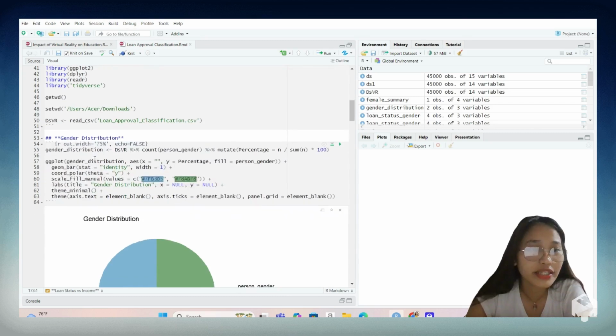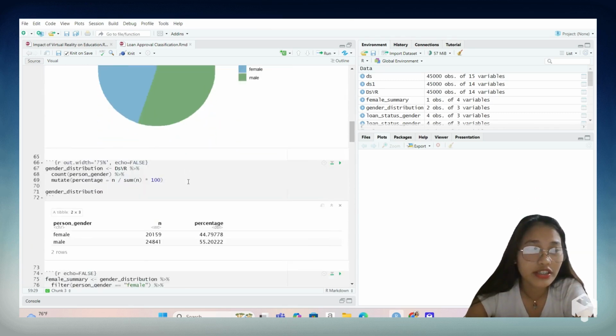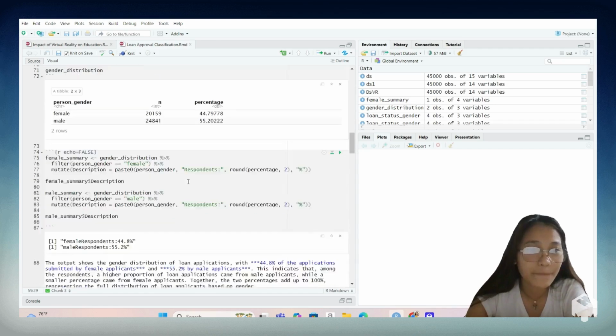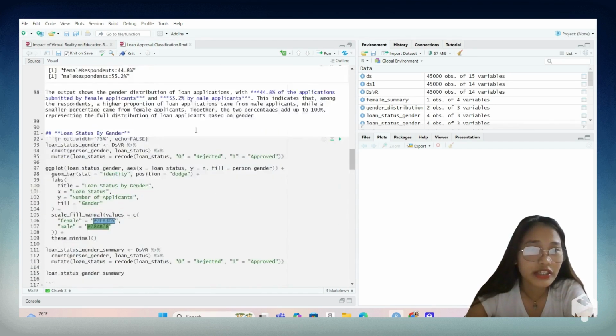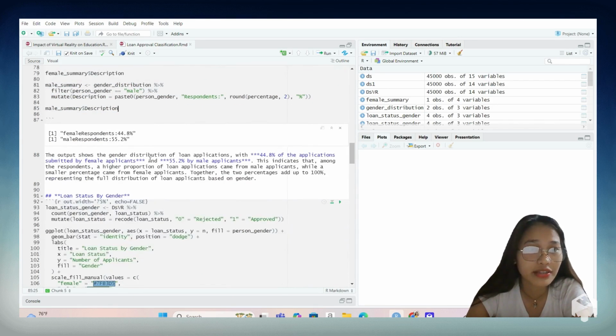And this is the gender distribution command. I have used the Geom bar here for this pie chart. So this is the distribution of gender. And here is the part of the commands for the percentage of male and female respondents.